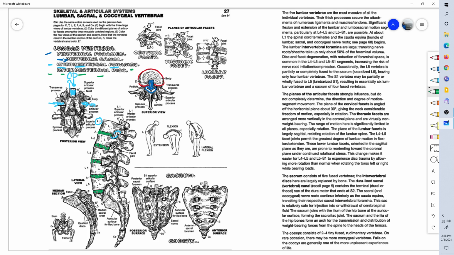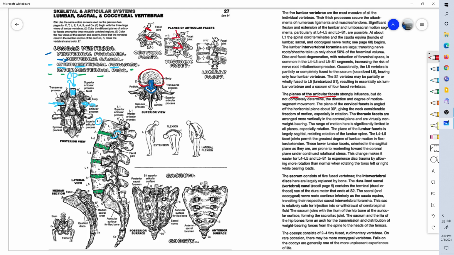Something interesting occurs in the differences between planes of the articular facets, how they lie. They sort of guide the motion in the spine. Look at the slant of the cervical facets here. Look how the angle is greater on the thoracic facets.